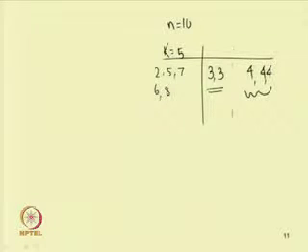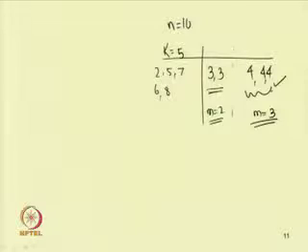So, the multiplicity in the first case is 2 and in the second case is 3. This eigenvalue is repeated 2 times and this eigenvalue is repeated 3 times.